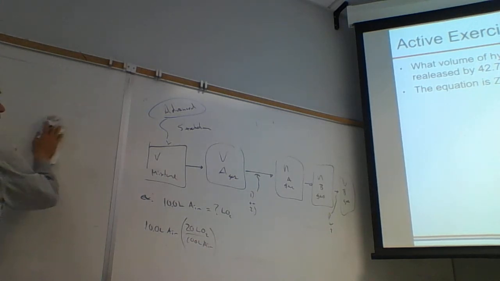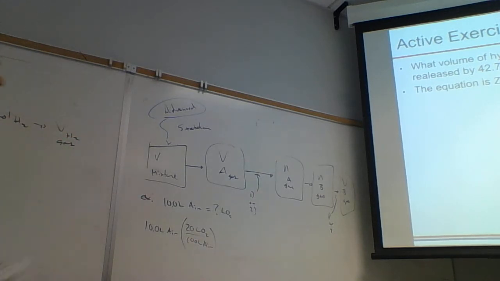We do this via dimensional analysis. So I'm just going to start off with 42.7 grams of zinc. If I want to map this out, I'm going from grams of zinc to moles of zinc. From moles of zinc, I'll go to moles of hydrogen. From moles of hydrogen, I'll go to volume of hydrogen gas.